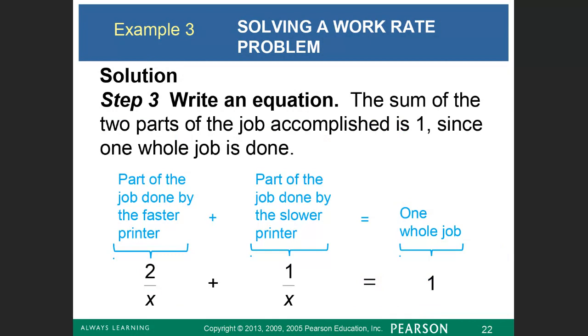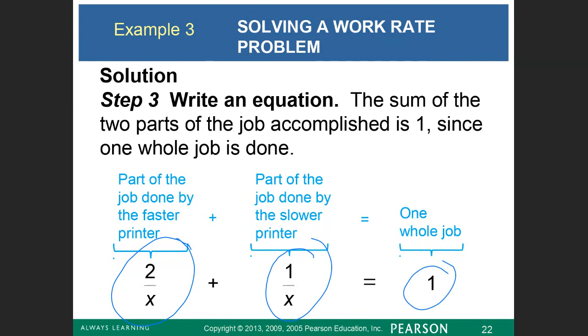So looking at this equation, this is coming from what we've shown you a while ago on the faster printer, and the slower printer has 1 over x. And then adding that, it gives you one whole job. It's right there.